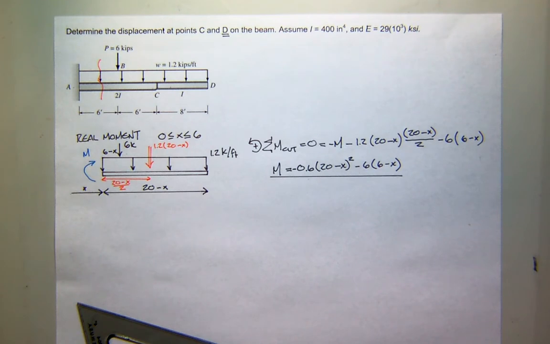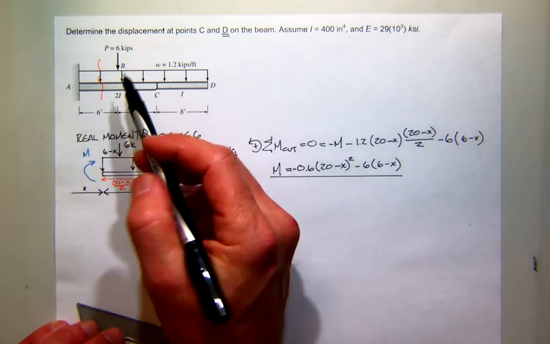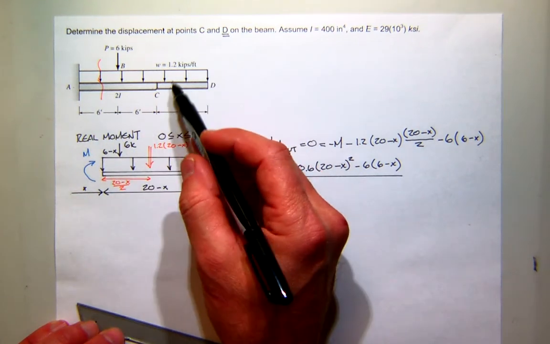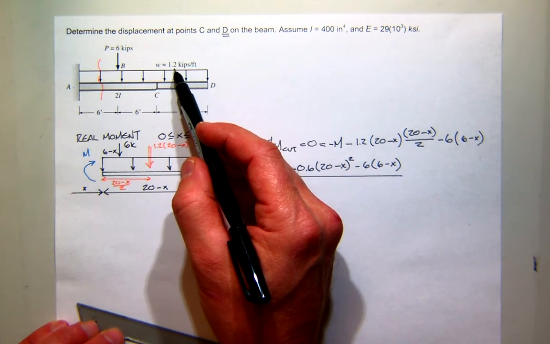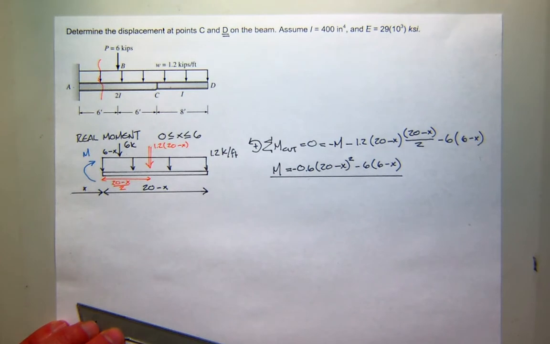I don't have any way to check it, unless I go back and calculate the moment here. Let's see if I can do it in my head real quick. It should be 6 times 6, which is 36, and then 20 times this, which is 24, times 10, 240, plus 36, 276.